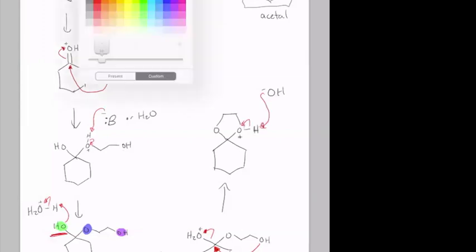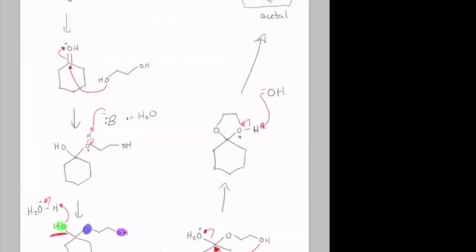Yep. And then our last step will have to be deprotonation of this guy. Okay, so I'm going to have this come along and attack that. Keep that there. That gets me here.